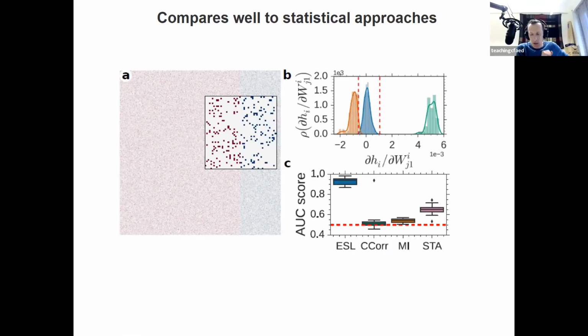Yeah, that's just saying that you can try to compare it again with statistical approaches. There's, for example, a famous old approach of so-called spike-triggered averages, which compute differences compared to the spike moment of one neuron.